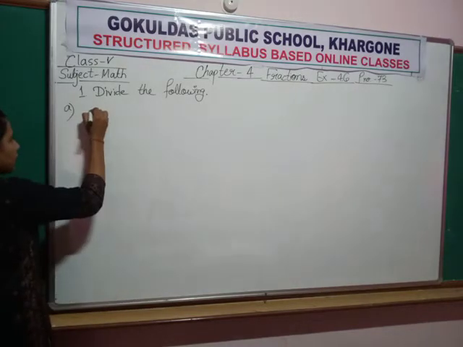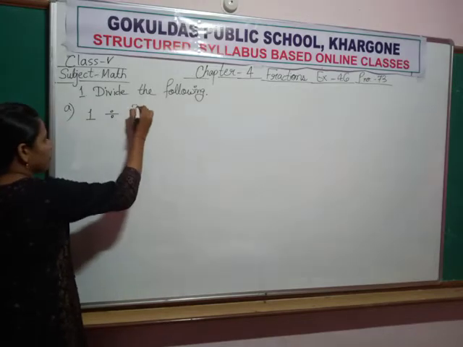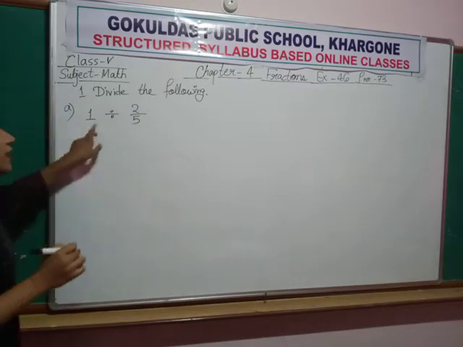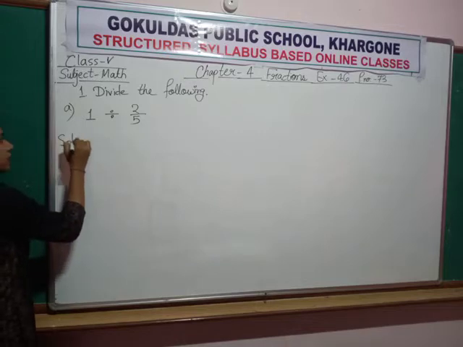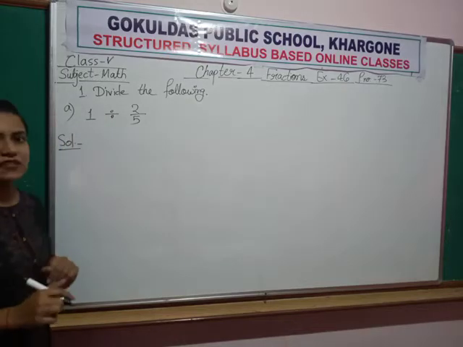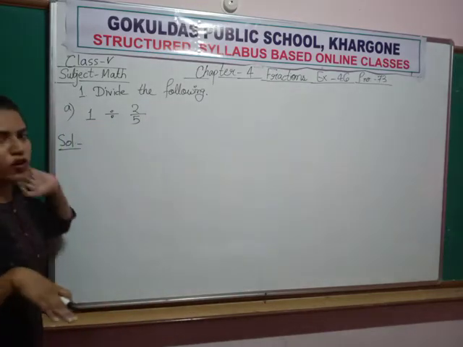First question given is 1 divided by 2 upon 5. Now here observe that the number 1 is a whole number. There is nothing in the denominator part of this one.